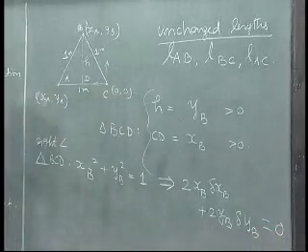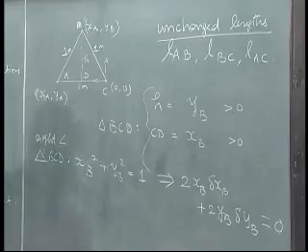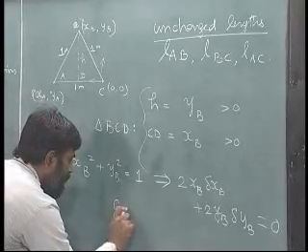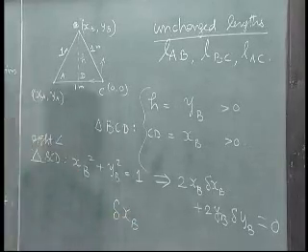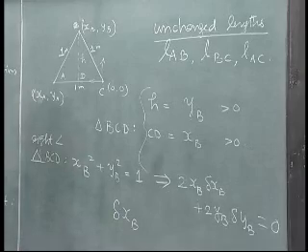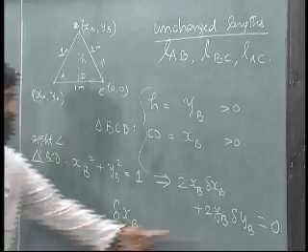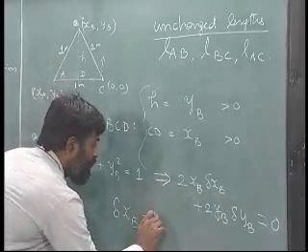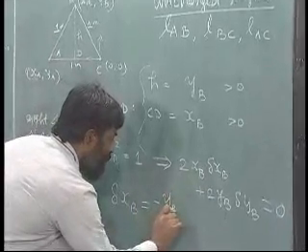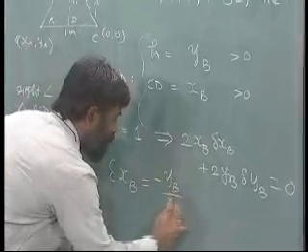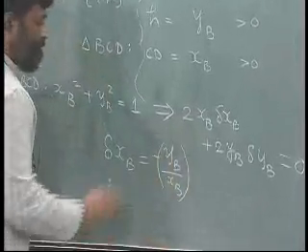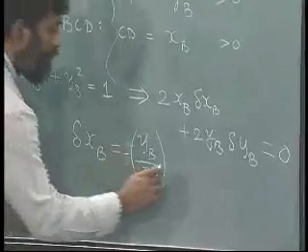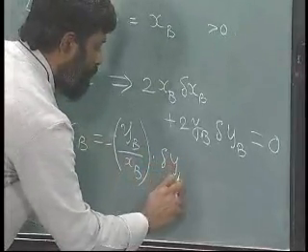This tells me that the variation of xb is related to the variation of yb through this relation. Immediately we can write this as minus yb by xb times delta yb.